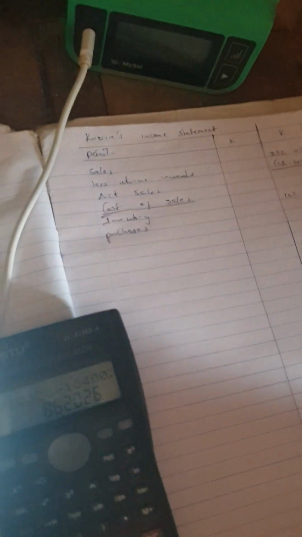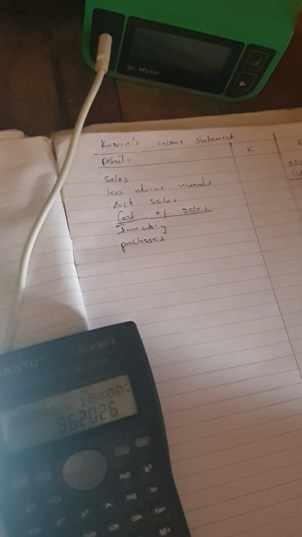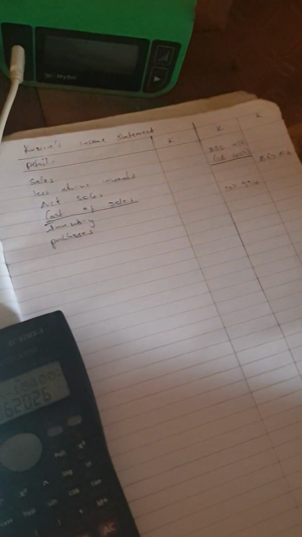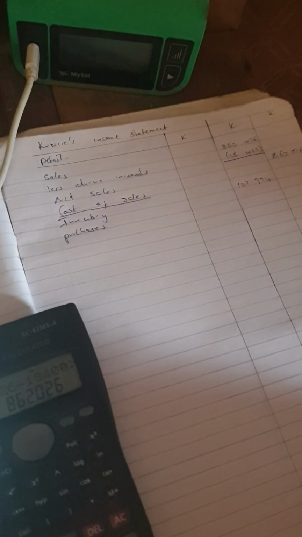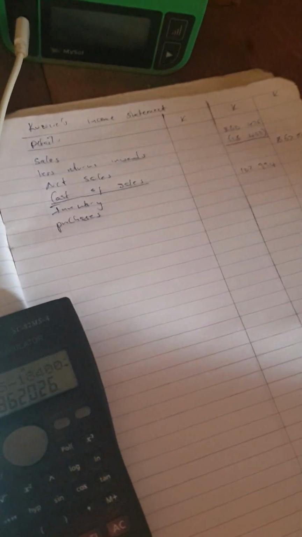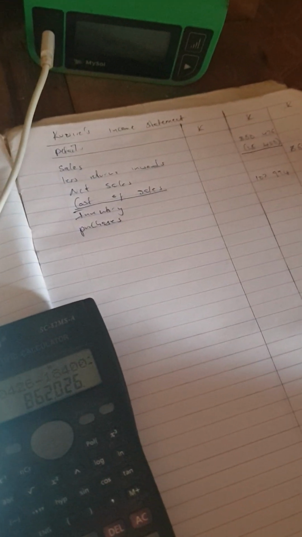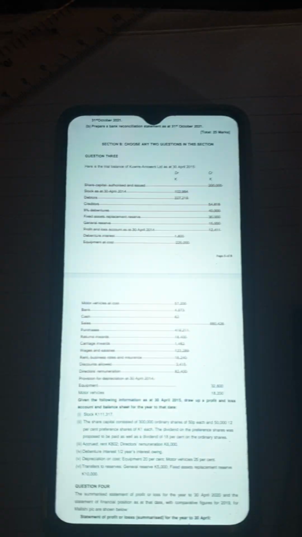Next, purchases. The purchase figure which goes in the middle column is our net purchases. If there's any adjustment on purchases, we're supposed to do it from the first column. The adjustments found on purchases are carriage inwards, which is added, and returns outwards, which is subtracted from purchases. In our case we don't have returns outwards, which means we go direct to add our carriage inwards. The purchase figure, according to the question, is 419,211.